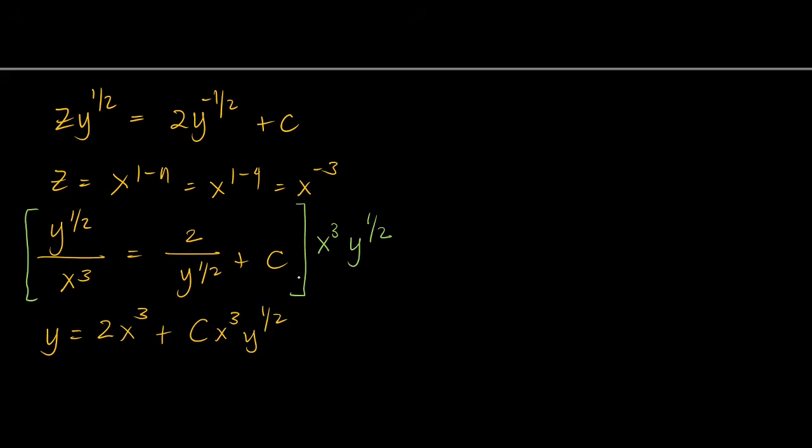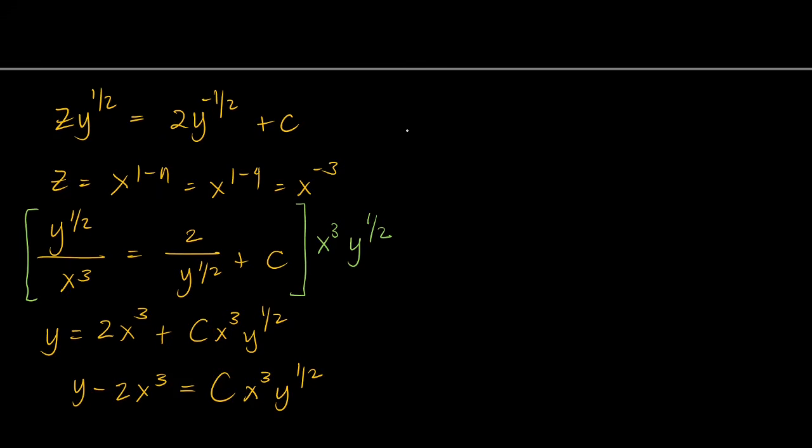O, di ba? Now, para ma-eliminate natin itong fractional exponent na pangit tingnan, ilipat ko na lang ito sa kabila. Okay? For example, y minus 2x cubed equals c x cubed y raised to 1 half. And finally, to eliminate this exponent, 1 half, I can square both sides. Okay?